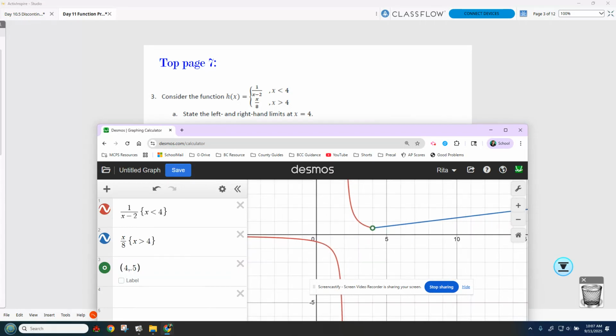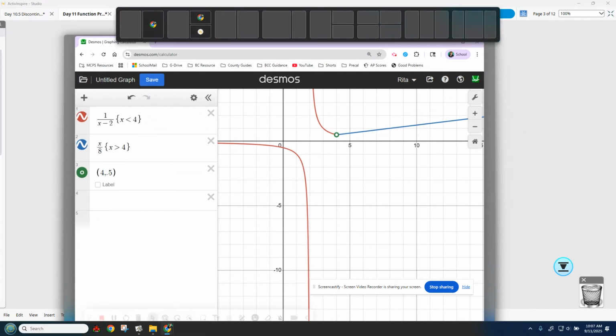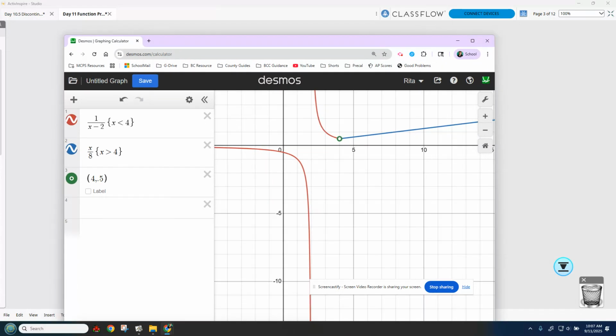Can we look at this one? This is done on Desmos. Jonathan, I apologize. I read the breaking point as 2, and it is not breaking at 2. So I'm looking on Desmos to verify my graph.